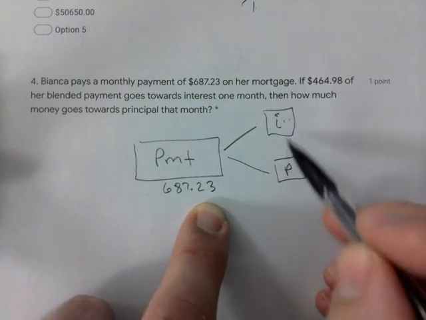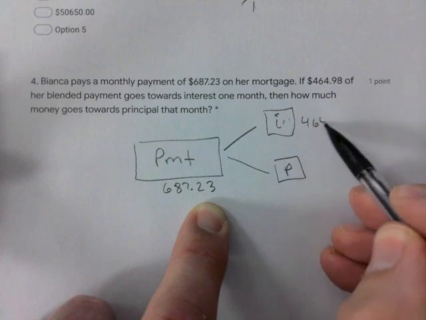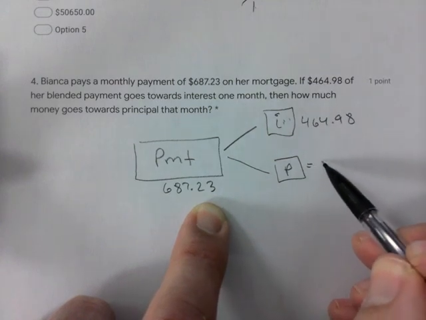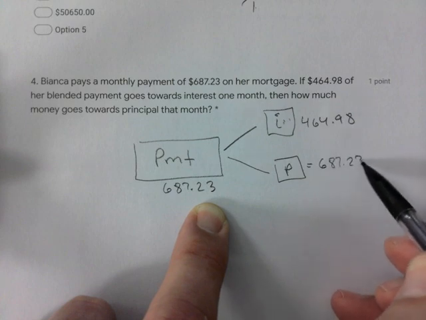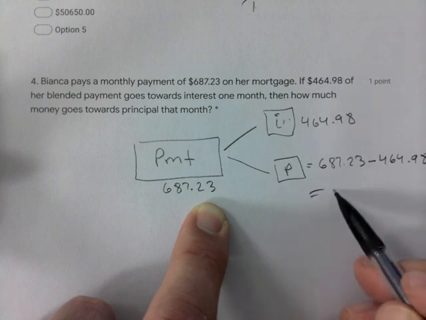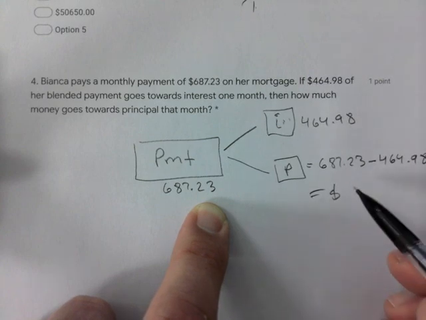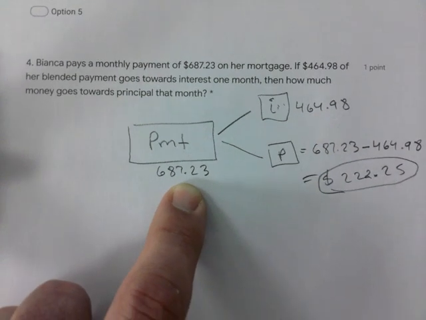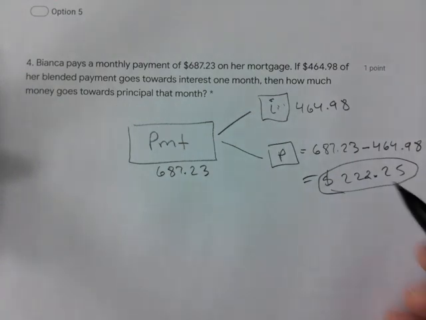They have to give you one of these. In this case, they give you this one. So to get this, you're just going to go $687.23 minus $464.98, and that is $222.25. So 1 mark for that. So this page is also worth 3. So 3 and 3, 6.